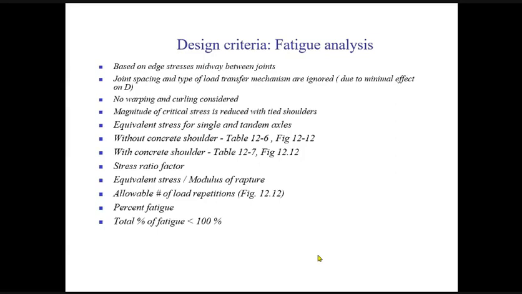But if you have a treated shoulder or an aggregate-based shoulder, then you have to tie it with aggregate interlocking. You can assume teeth coming out of the rigid pavement, and those teeth join with the asphalt, as with a treated shoulder, right?